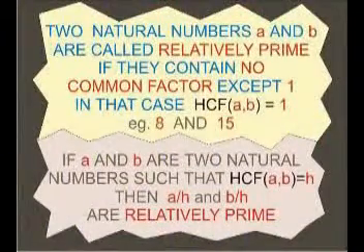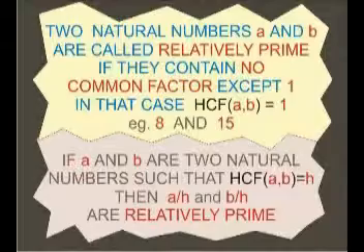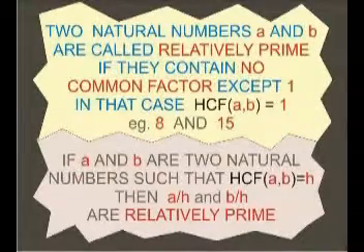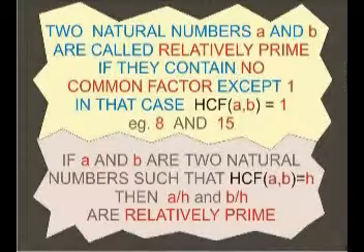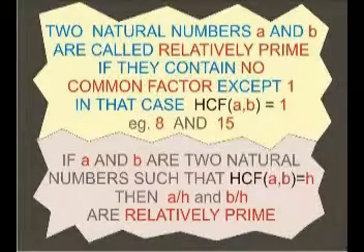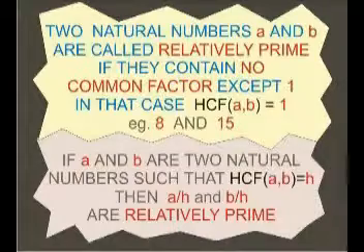Two natural numbers a and b are called relatively prime, or prime to each other, if they contain no common factor except 1. In that case, HCF of a, b is equal to 1.